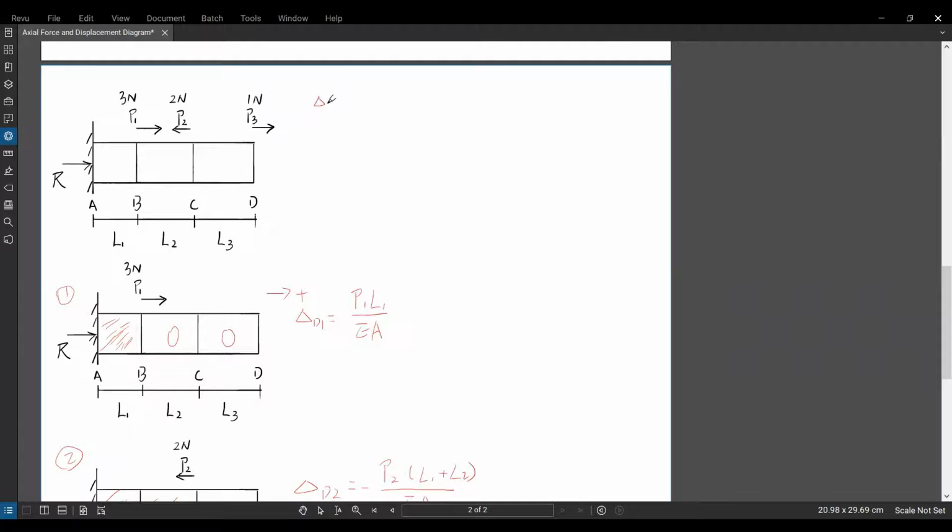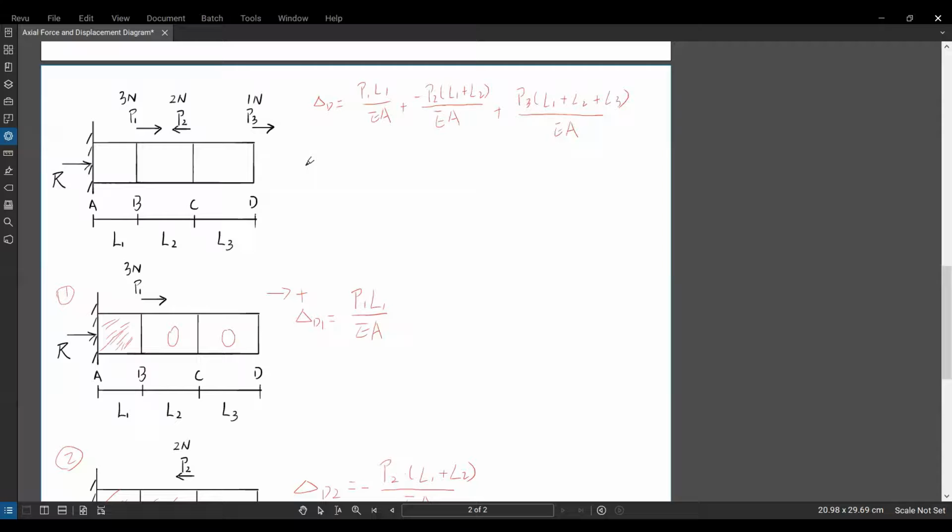The overall displacement delta D is P1 L1 over EA, plus negative P2 (L1 plus L2) divided by EA, and then the last part is P3 (L1 plus L2 plus L3) over EA. So this is the displacement at point D caused by 3 point loads P1, P2, and P3.